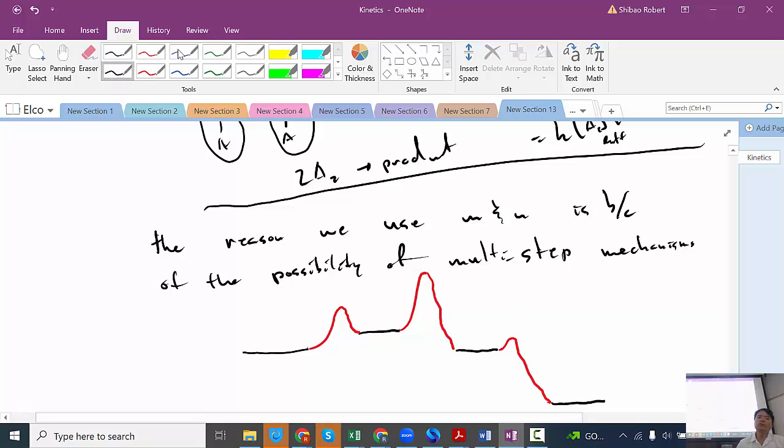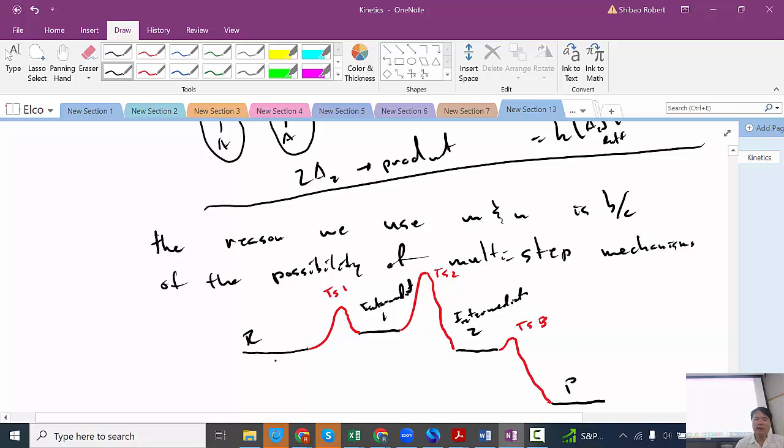And so this is going to go through three transition states: transition state 1, transition state 2, and transition state 3. And this is going to go through two intermediate products: intermediate 1 and intermediate 2. And then this is going to be the reactants, and this is going to be the products here.